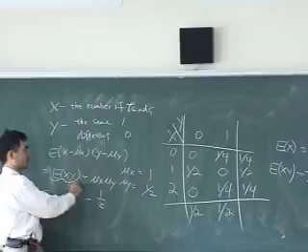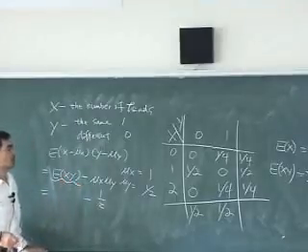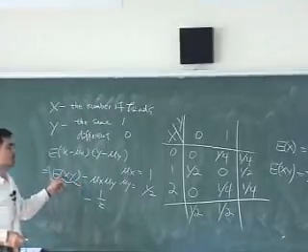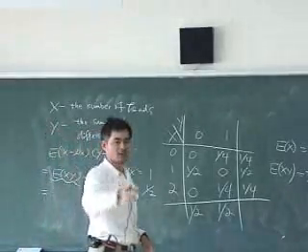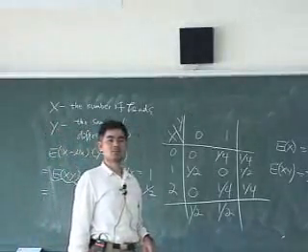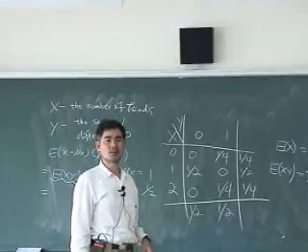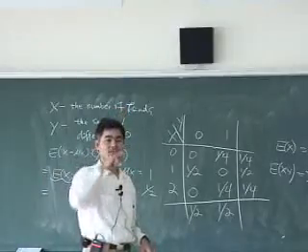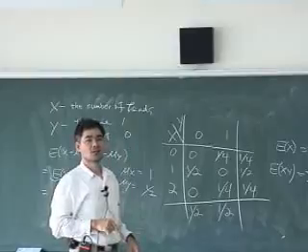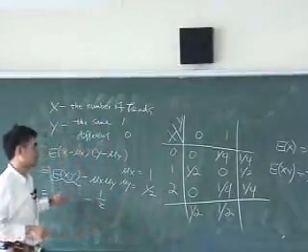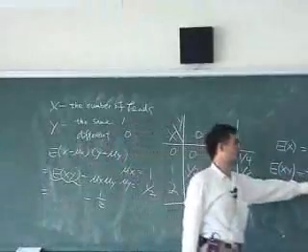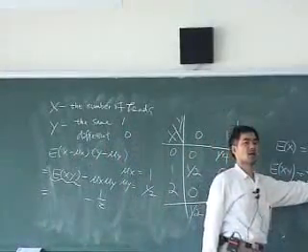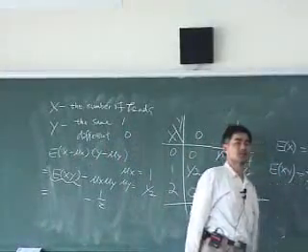But what about this one? Can anyone tell me how to get expectation of xy? You have shaken your head too early. The next one. How to get this? The answer is here: xi yj times p(xi, yj).